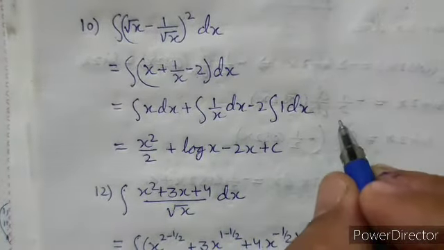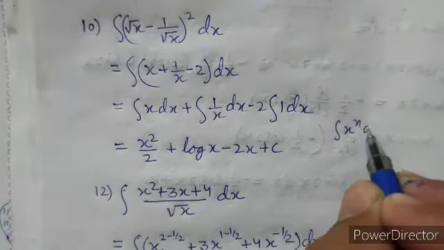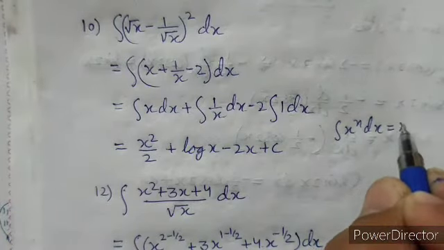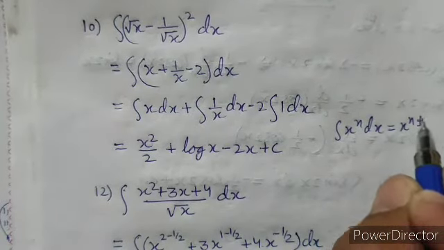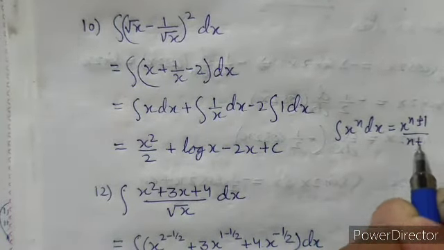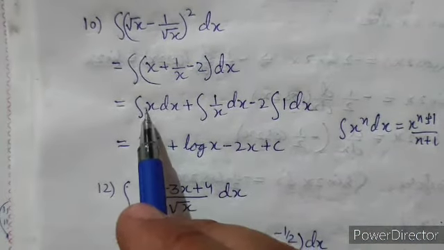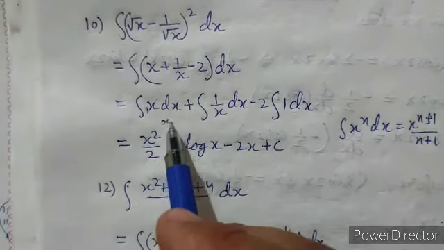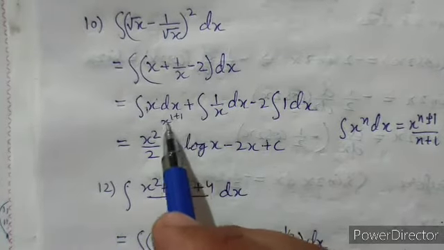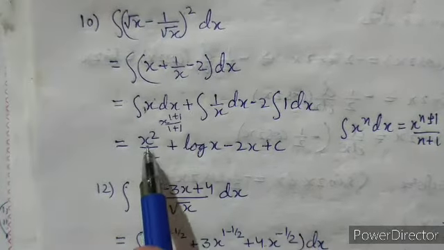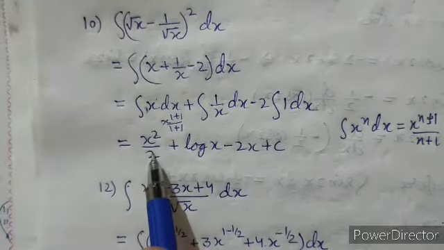Now as we know, the integral of x^n dx is equal to x^(n+1)/(n+1) plus c. So the integral of x will be equal to x^(1+1)/(1+1), and that will be x squared upon 2.